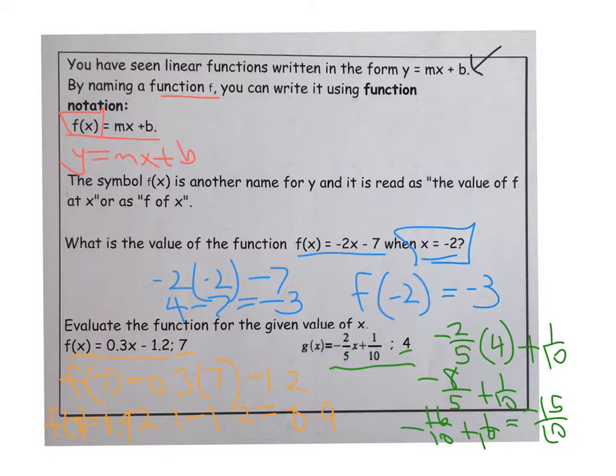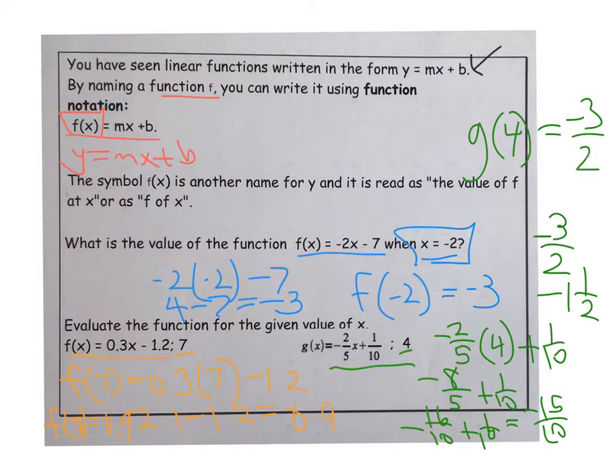That's going to simplify to -3/2, so -1.5. So the way of writing this out would be g of 4, the value of the function, is going to be -3/2.